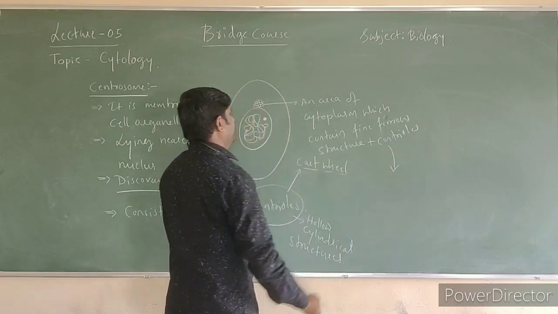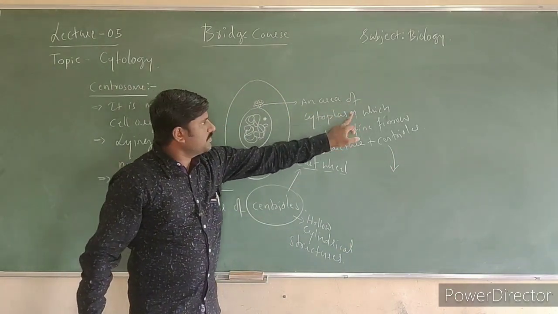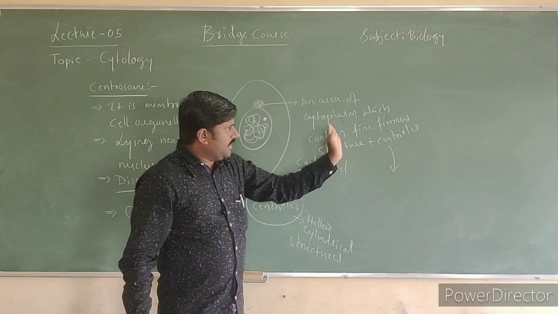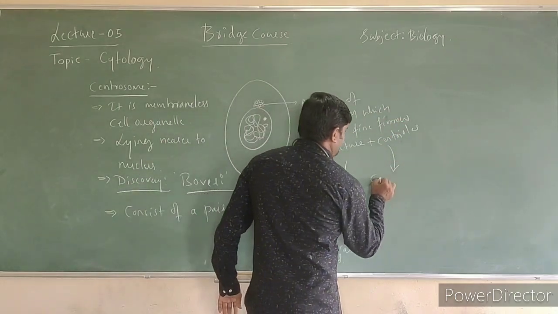They together form, means an area of cytoplasm which contains fibrous structure along with the centrioles together form centrosome.